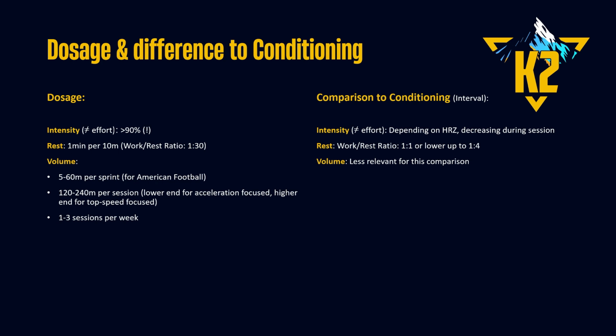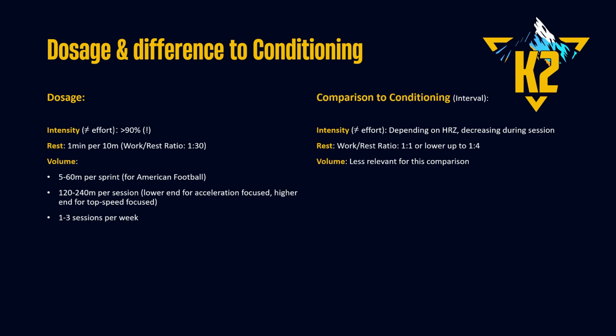If we compare it to conditioning, we're going to take the same 4 sprints, 40 yards, but with way less rest. Then the intensity is going to decrease. That means your sprinting times will reduce, even though your effort is still going to be on the top end.